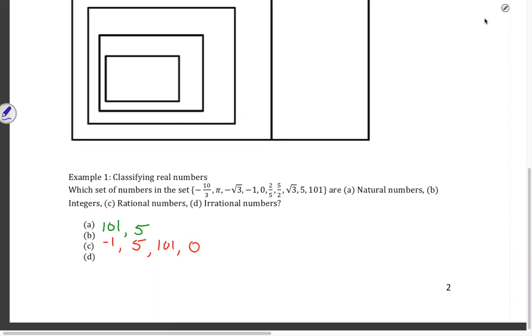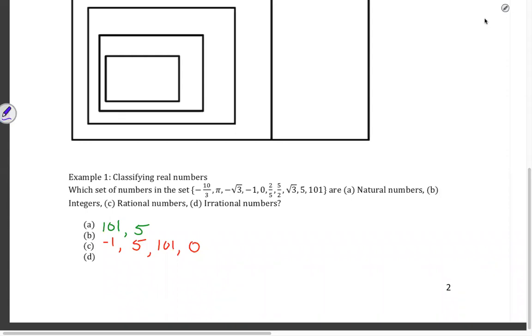All right, rational numbers. Laura, rational numbers. There are 1, 2, 3, 4, 5, 6, 7 of them.